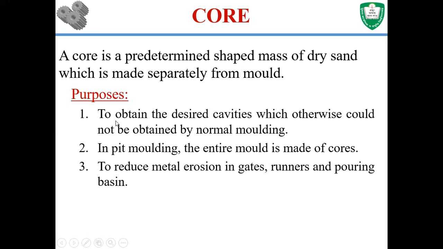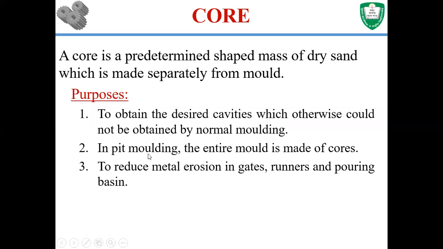The purpose is to obtain the desired cavities which otherwise could not be obtained by normal molding. If you want to make hollow bent pipes, there is no other way to restrict the molten material from flowing into that region, and the core serves that purpose.